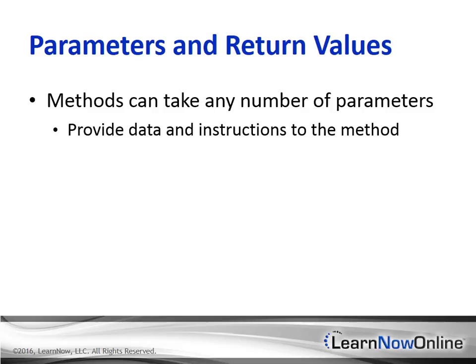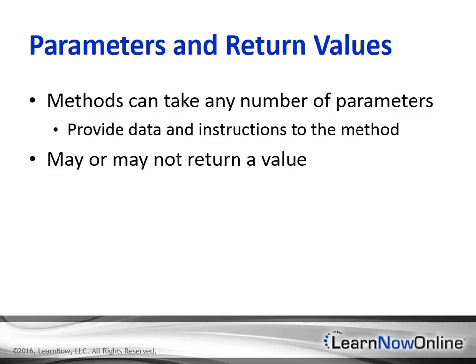But if you pass a number as an argument, you're specifying that the next generated random number should be less than that number. If you pass two numbers as arguments, you're specifying that the next generated random number should be between the first and second number. So the parameters that you pass to the Next method determine or customize the behavior of that method, what is returned from that method.